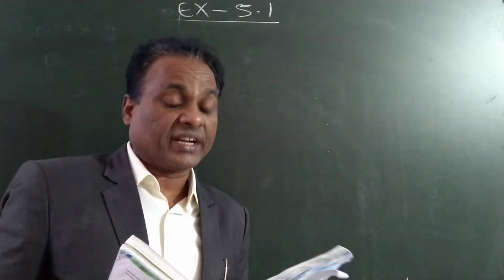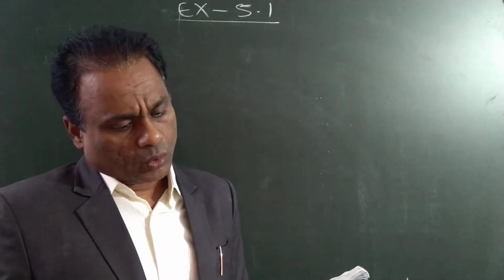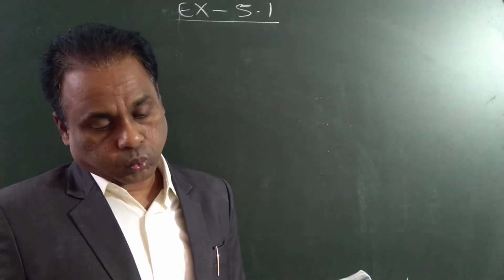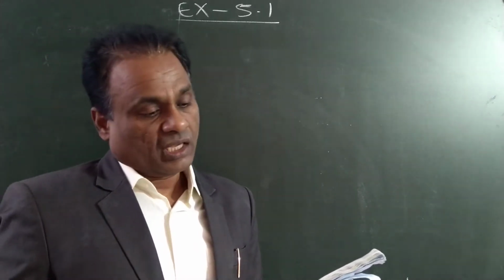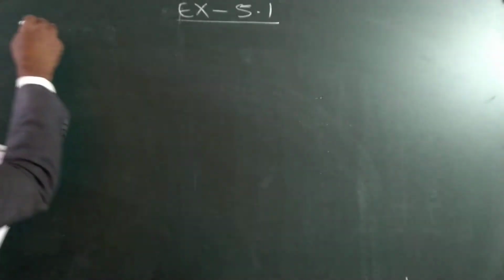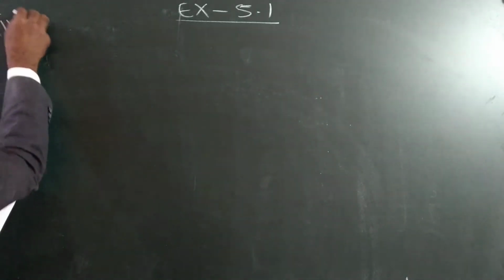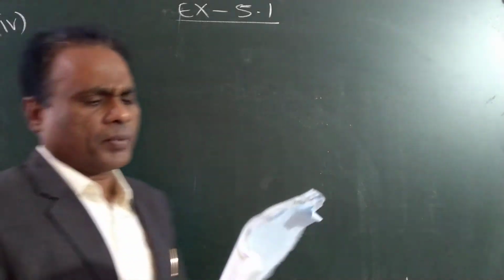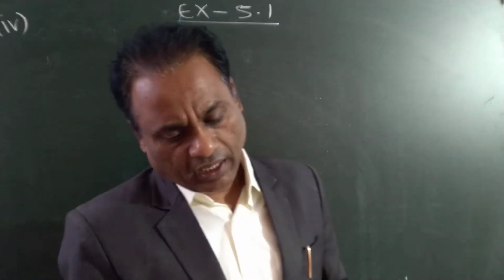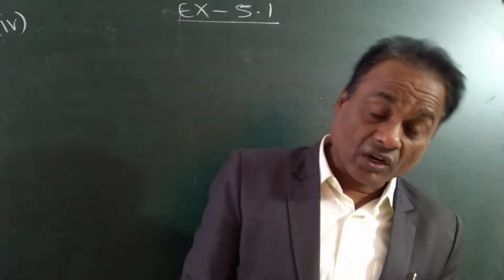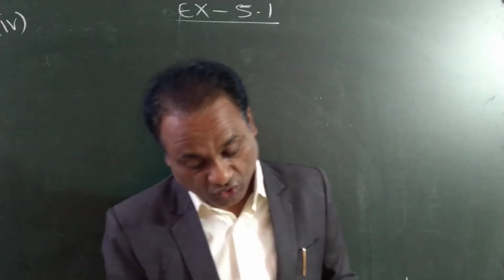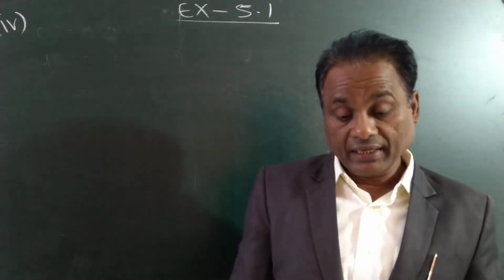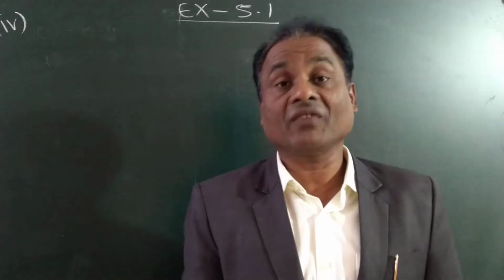All of you open your textbooks. We completed all the problems, and the second and third bits also in the last class. The second, fourth bit is left. All of you read the question, seventh, fourth bit.